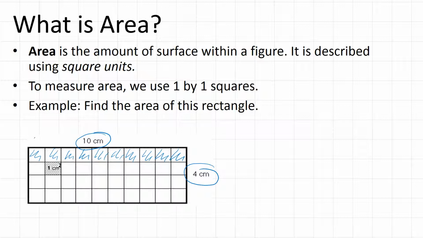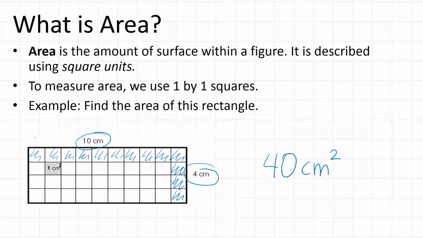My width is 4 centimeters, so you'll see that it's broken down into 4 widthwise. I know that a 1 by 1 square has an area of 1 centimeter squared, so you add up all the squares in this rectangle, and when you add them all up, we get 40 centimeters squared.